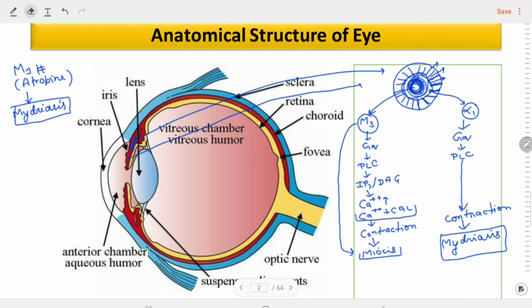So if the M3 receptors are here, they follow the same mechanism and lead to contraction in the ciliary muscles.